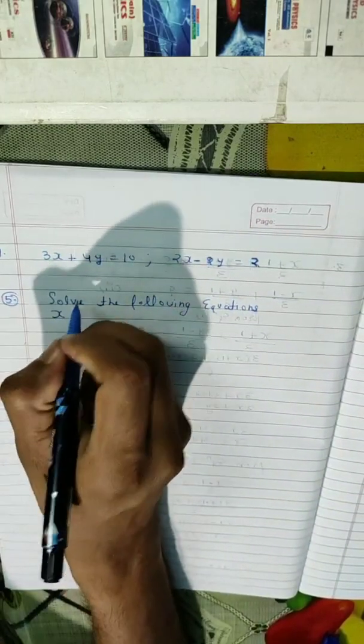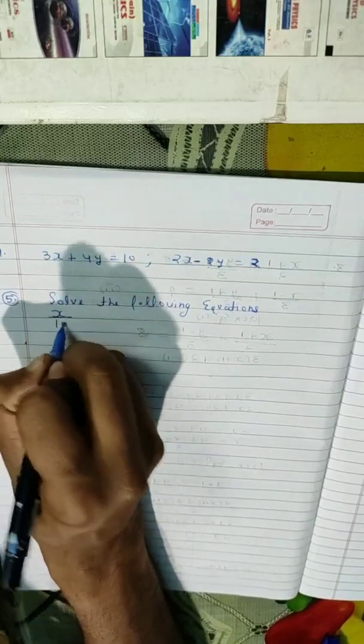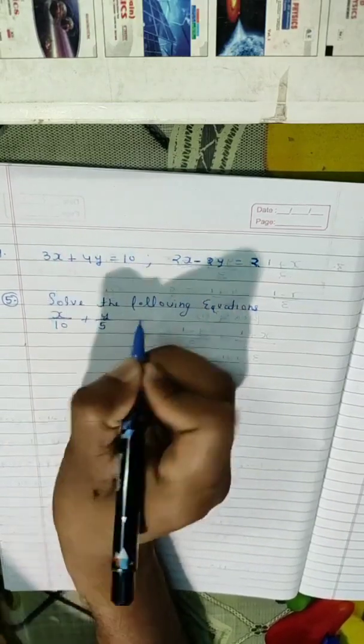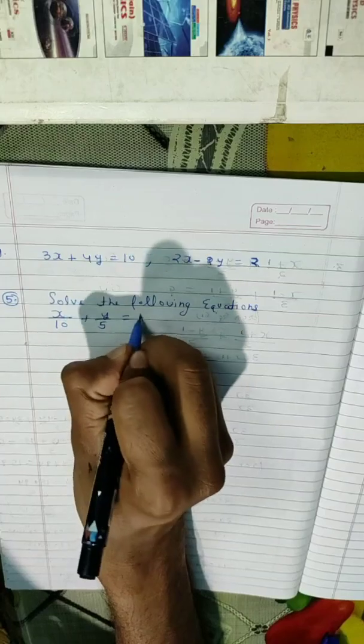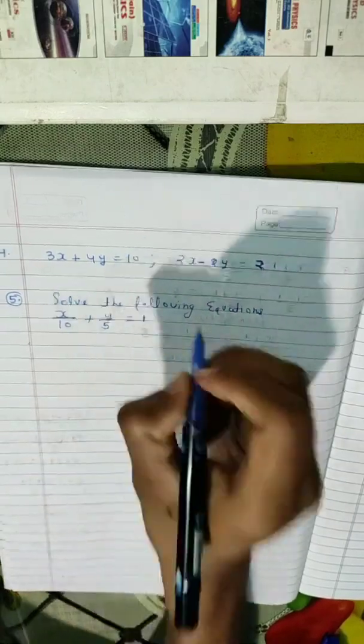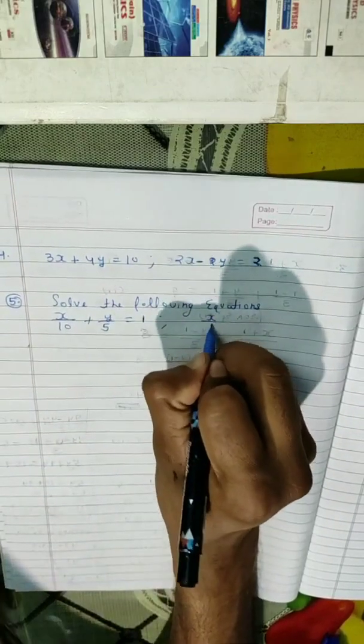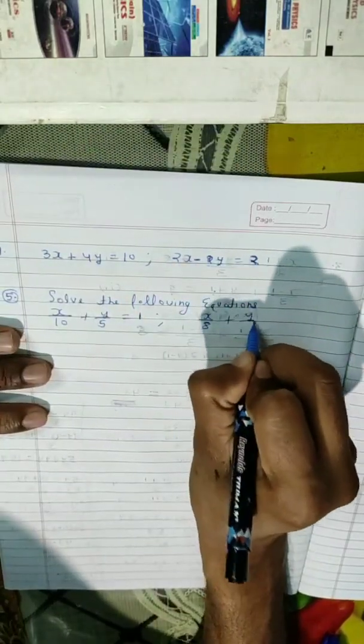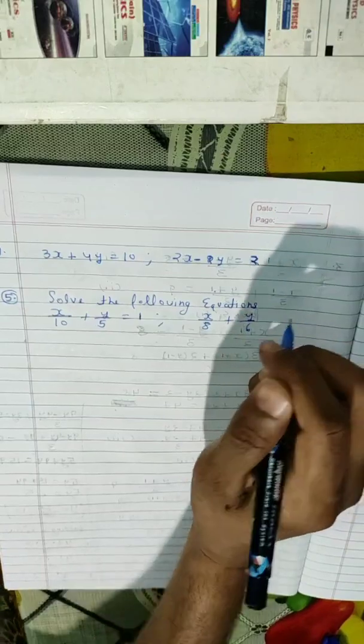The equations are x by 10 plus y by 5 is equals to 1, and the other equation is x by 8 plus y by 6 is equals to 15.